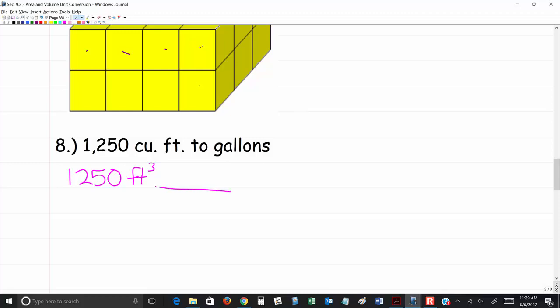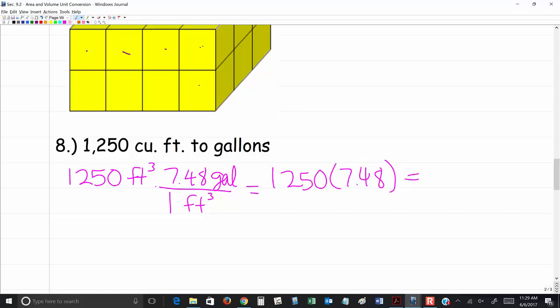And the conversion factor states that 1 cubic foot equals 7.48 gallons. So then I just multiply 1250 times 7.48. So that's 9,350 gallons.